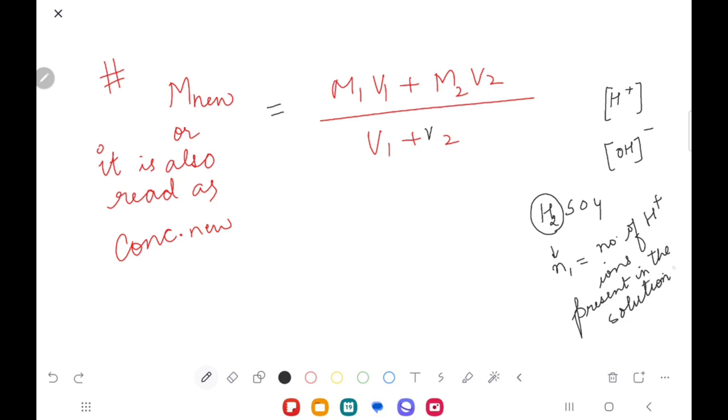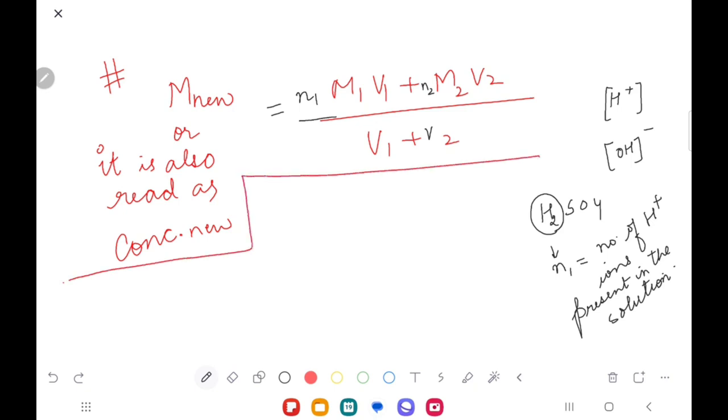Are you understanding my point? So I could make out this formula as N1 M1 V1 plus N2 M2 V2 upon V1 plus V2. Now, what is this formula? This is going to be my new molarity formula.